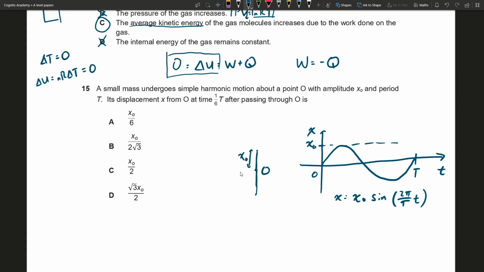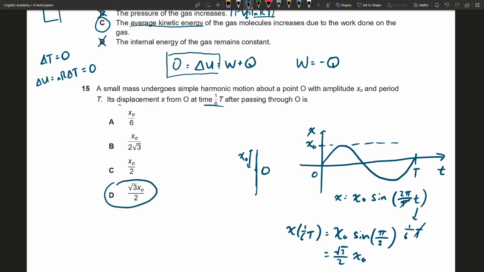This is our equation, and then we are asked for the displacement x from O at a time 1/6 T after passing through O. All we have to do is sub t for 1/6 T. So x at 1/6 T is equal to x naught sine of 1/6 T times 2 pi over T. This cancels out, so 2 pi over 6 is actually pi over 3. Remember that sine pi over 3, or sine 60 degrees, is root 3 over 2, so x is root 3 over 2 x naught. So our answer is D.